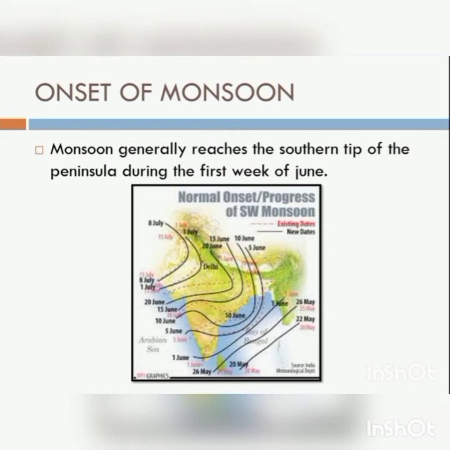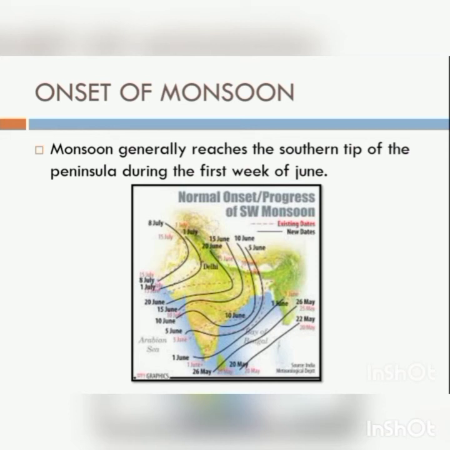The Bay of Bengal branch reaches Assam in the first week of June and gets deflected towards the west by the mountain ranges, thus giving rainfall in the Ganga plains. Both the branches again merge over the northwestern parts of the Ganga plains.